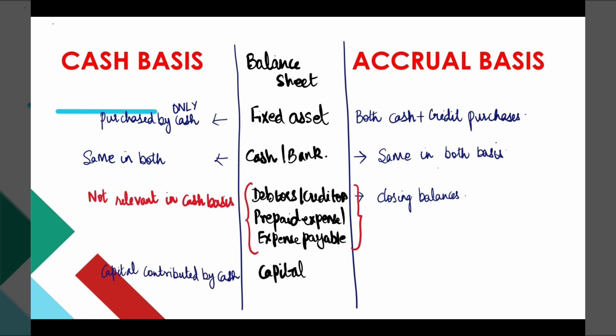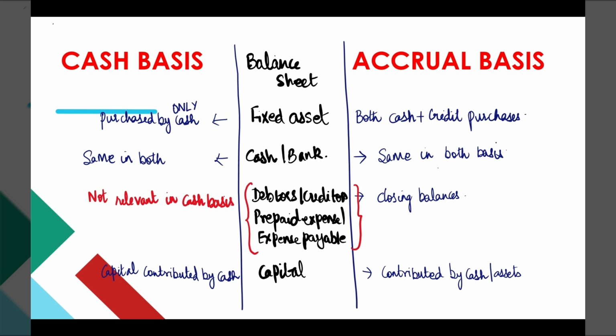Next is capital. Whatever capital is contributed by cash alone is captured in cash basis of accounting as capital, whereas in accrual basis, capital which is contributed by cash or by assets is accounted as capital.